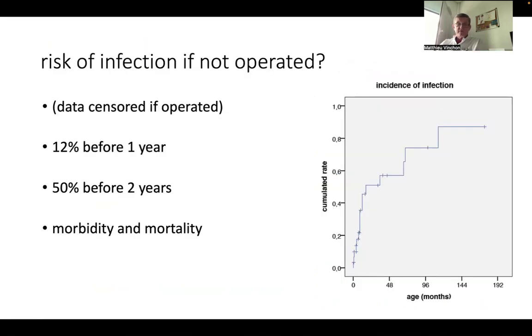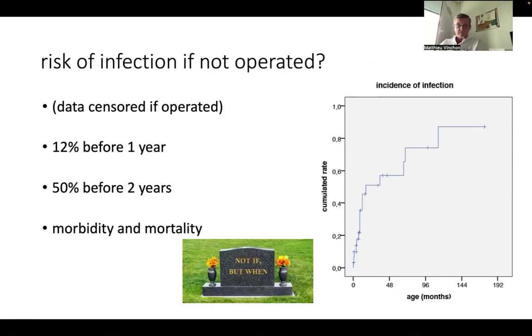So what are the risks of infection if the patients are not operated? This is the cumulated incidence of infection in these patients if they were not operated, and you see that by the age of 12 years, it's about 100% of infection if these patients are not operated. So these patients must be operated, and operated early, because infection is not a question of if, but when.